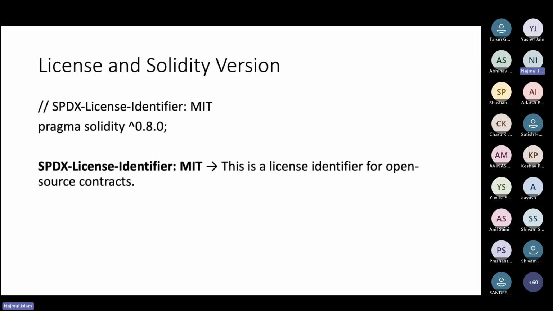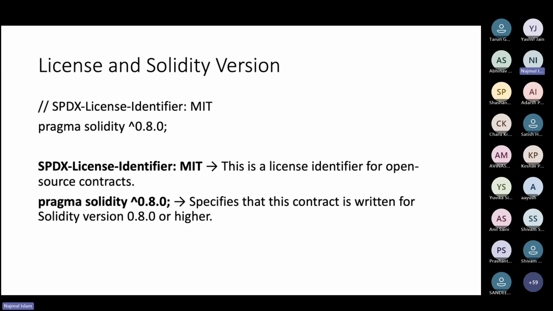As I have written here, the first one is a license identifier for open source contracts. And the next one specifies that this contract is written for Solidity version 0.8.0 or higher. So license and version, first two lines.